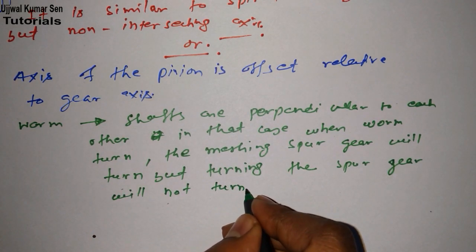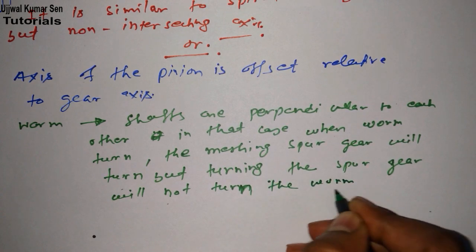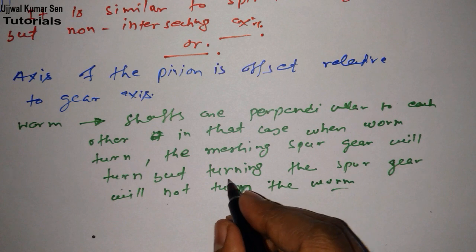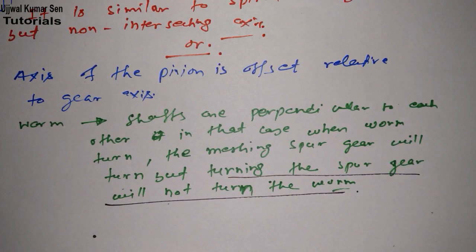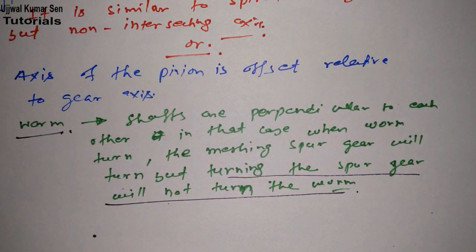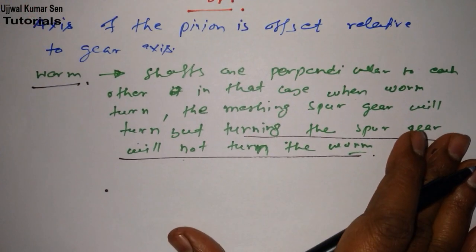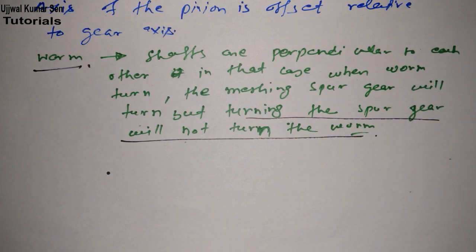What I have written: turning the spur gear does not turn the worm. This is most important. If the worm turns, then definitely the spur gear will turn. But if the spur gear turns, the worm will not turn. This is really important for the case of worm gear, right? Now worm and worm wheel is one of the most important experiments also in engineering mechanics, I must say that.